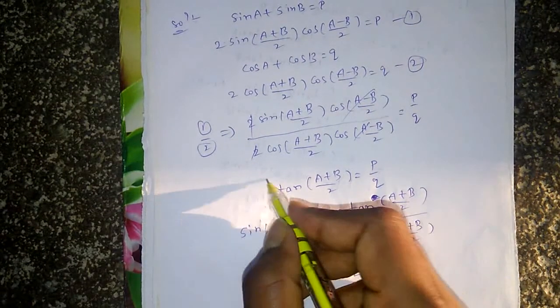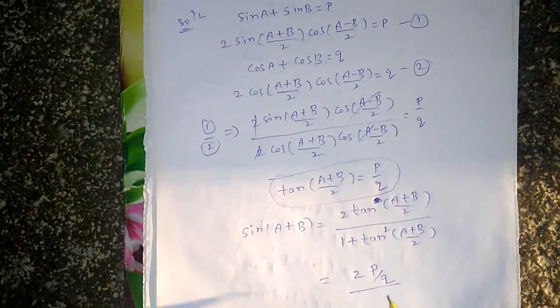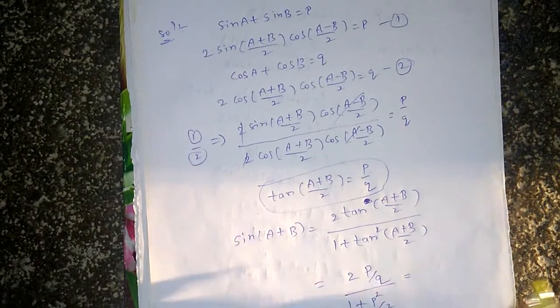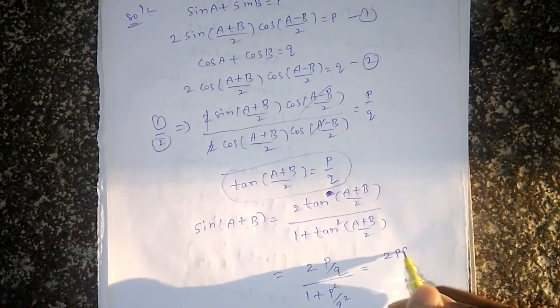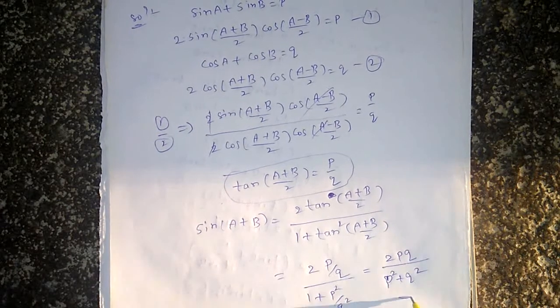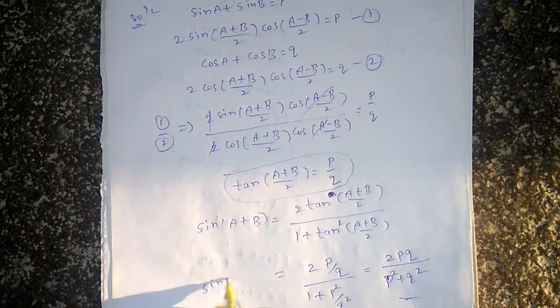Now substitute the value of tan of a plus b by 2, that is p by q. 2 into p by q by 1 plus p square by q square. So if you take LCM here, that is equal to 2p q by p square plus q square. That is the value of sin of a plus b.